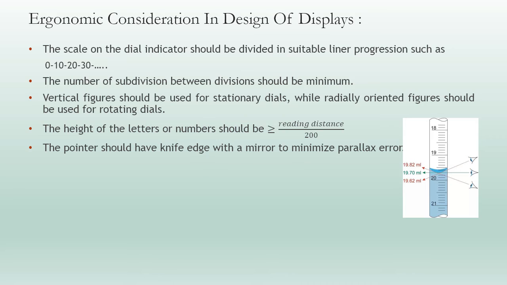But if you see it from a height above your eye level, you will get 19.62 ml, which is an error. So the correct measurement is 19.70 ml only, but you will get different measurements if you see from different heights. This is nothing but the parallax error.